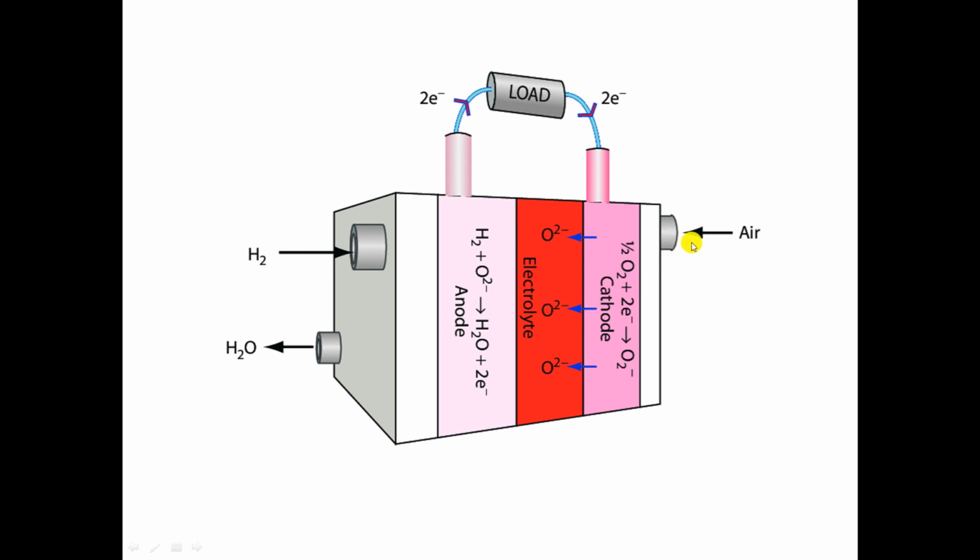At the cathode side, air is coming in, and at the anode side, hydrogen fuel is coming in. The anode is made up of zirconium oxide elements like nickel zirconium oxide and cobalt zirconium oxide, and the cathode is made up of strontium doped lanthanum manganite. The oxygen in the air is reduced into oxygen ions, and these oxygen ions travel through the solid oxide electrolyte, that is yttrium stabilized zirconia.